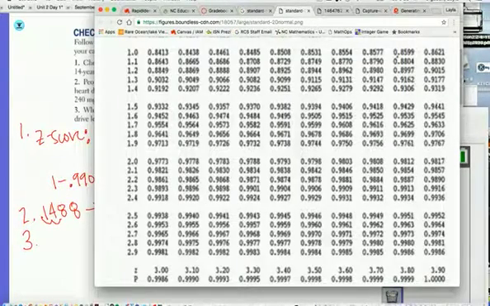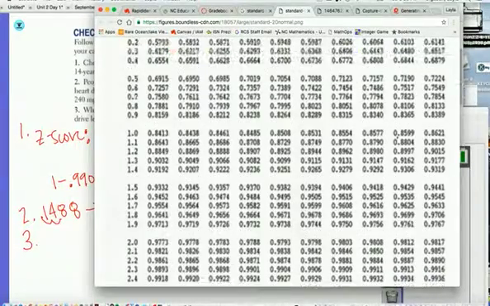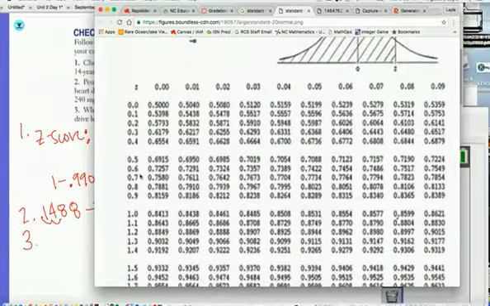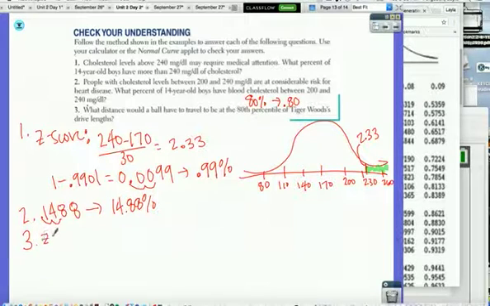Looking at my table, I would try to find the closest thing to 0.80. So we have 0.7795, we have 0.8023, and so 0.7795 is closer than 0.8023. So that 0.7795 is at 0.8 and 0.04, so 0.84. So the z for the 80th percentile would be 0.84.